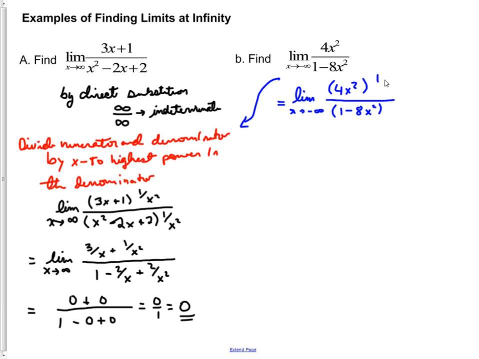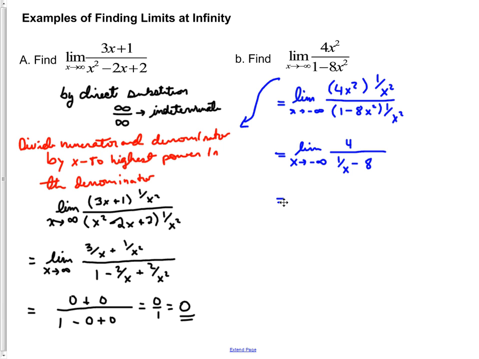multiplying by 1 times 1 over x squared on each term in the numerator and denominator. So we're going to rewrite our fraction as the limit as x goes towards negative infinity of 4x squared times 1 over x squared, well that's just 4, divided by 1 times 1 over x squared, that's 1 over x squared, minus 8x squared times 1 over x squared, and that just becomes 8.